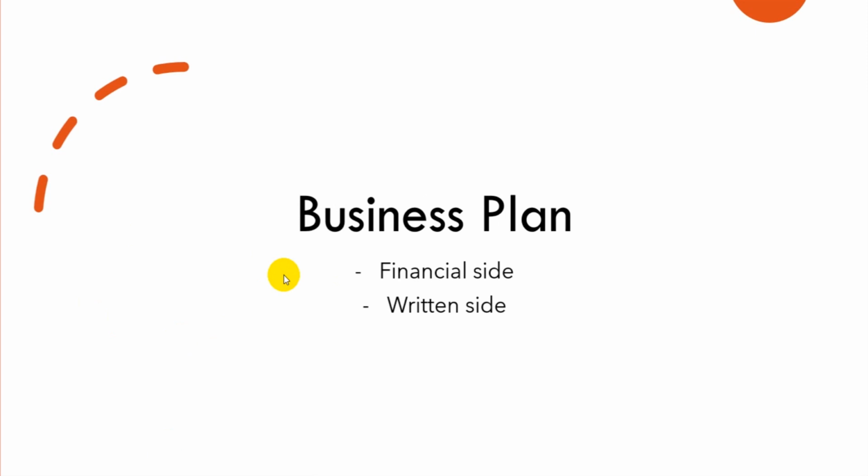So let's get started. Business planning. There are two sides to a business plan. There is the financial side, which includes a number of financial documents, namely an expenses forecast, a sales forecast, cash flow forecasts, projected profit and loss statements, and projected balance sheets.